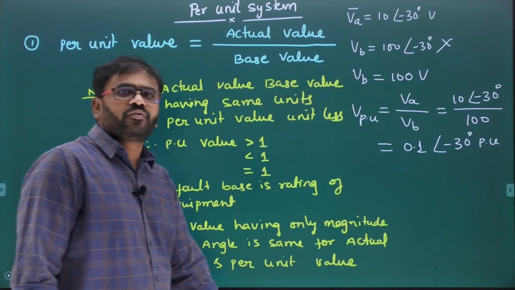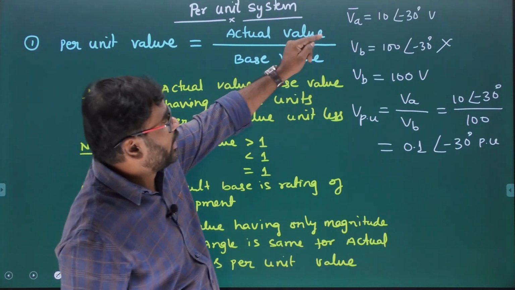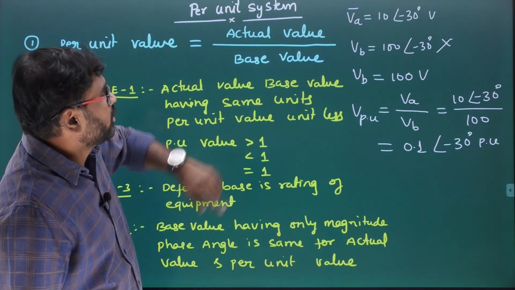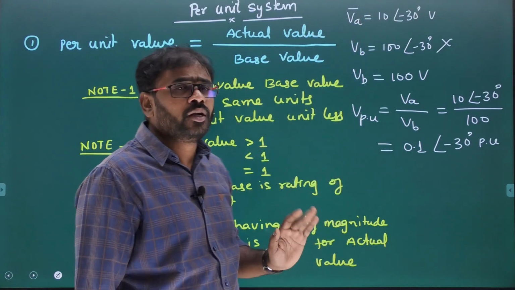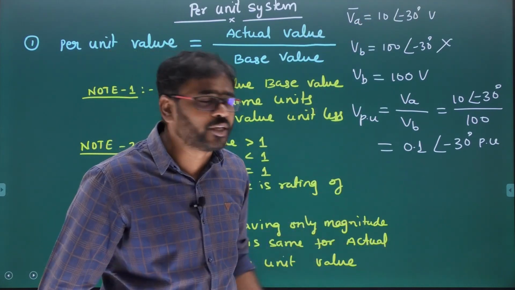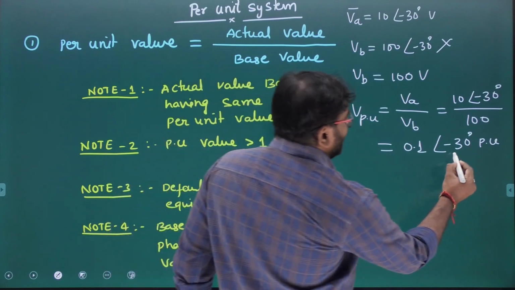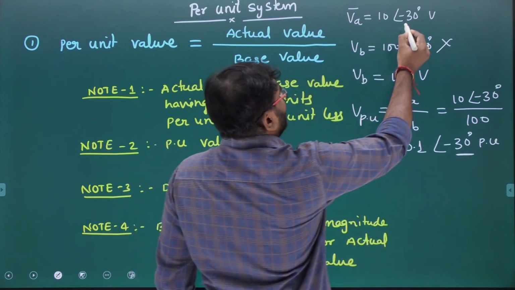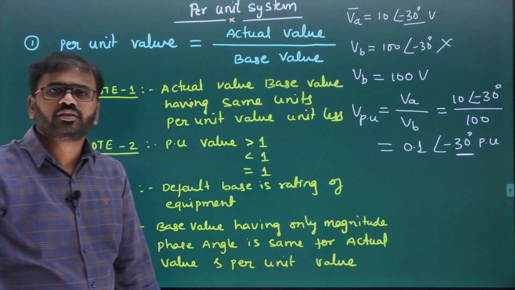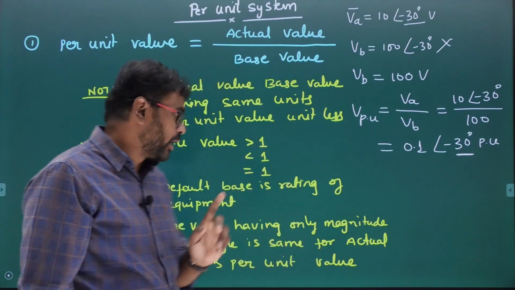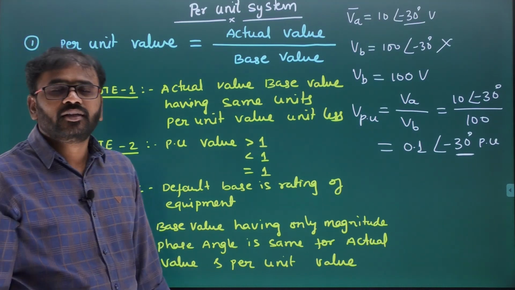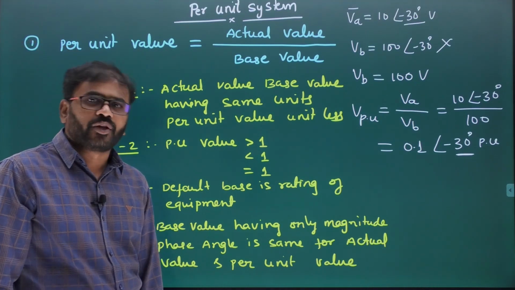So what you can understand from here is that the actual value has a magnitude and phase angle, but the base value always has only magnitude. That's why the phase angle of the per unit value and the phase angle of the actual value are the same. That is the next important thing in the per unit system.